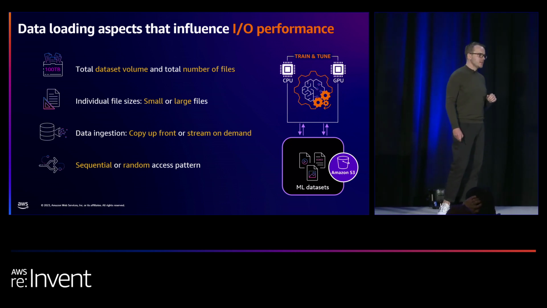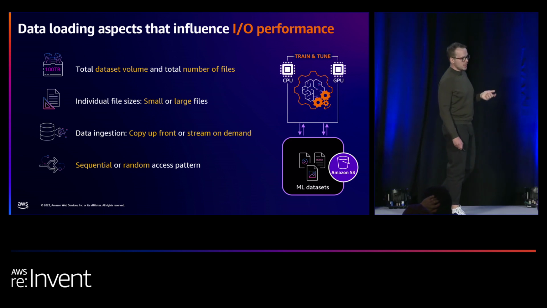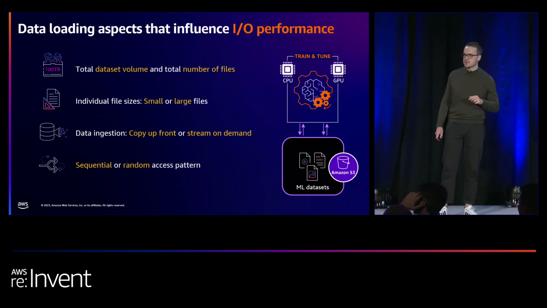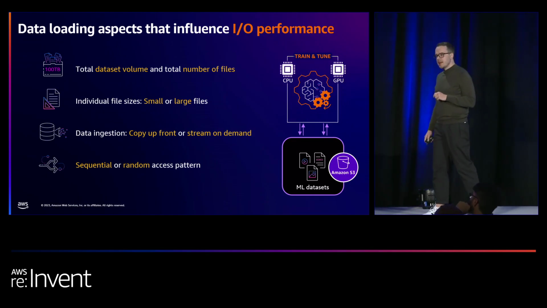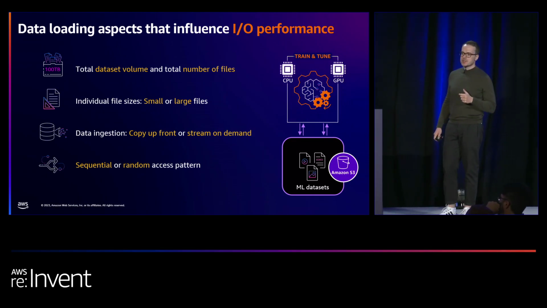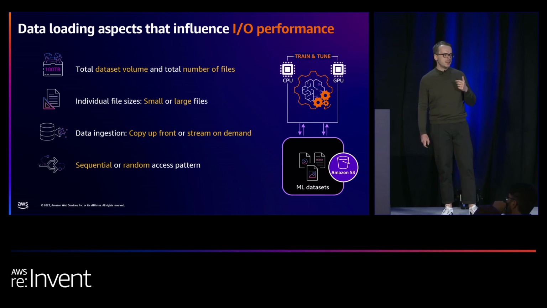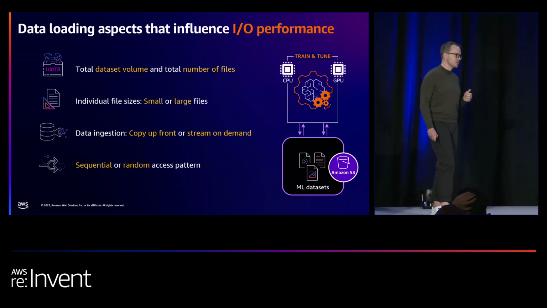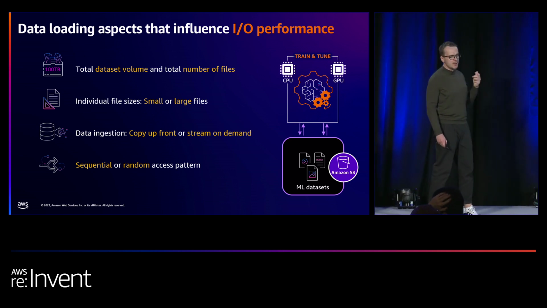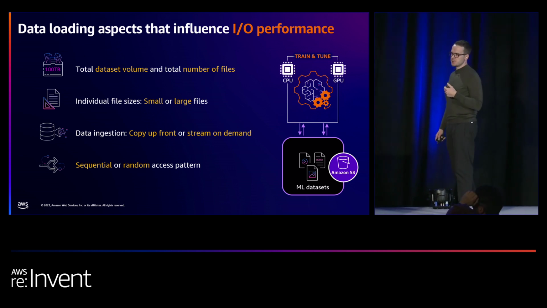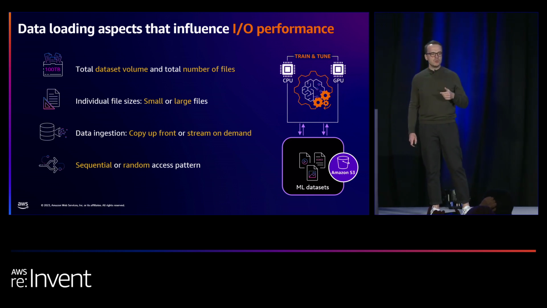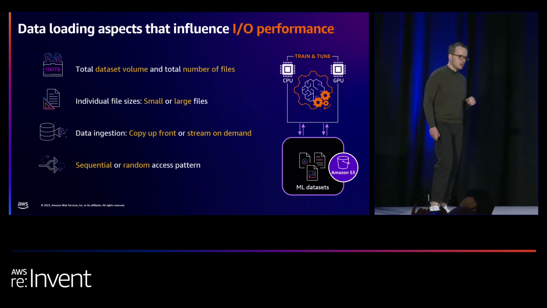Naturally, if your data set is large, it will take longer to download it, or even to list files in some cases. Somewhat connected to this is the question of how your data set is composed. Is it comprised of a large number of small files, or have you previously serialized your data set so you have just a few larger chunks?